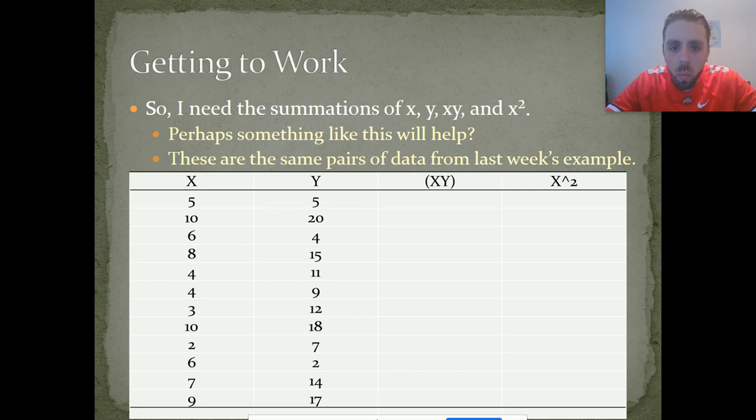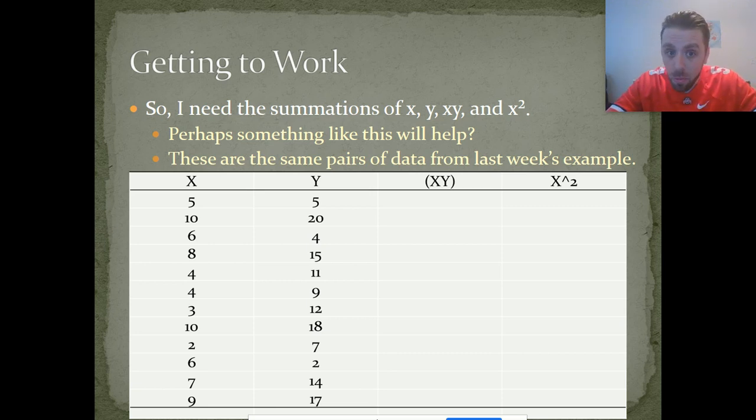And so what I want to do is use this table to first calculate. The first thing I would do is add up all values of x. That's the summation of x. Then I will add up all values of y, and that's the summation of y. Then I will take each x, multiply it by its corresponding y value, and then sum that, all 12.